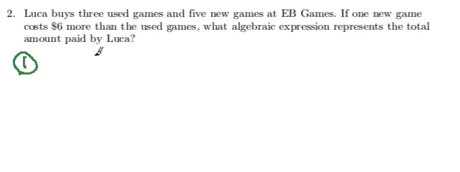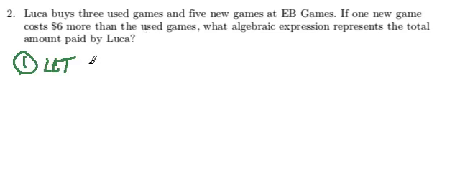I think it's going to be easier to be adding $6 to some price than taking it away. So I'm going to choose to make my let statement about used games. It could be about new games, and that would be correct, but this just feels a little bit easier. Okay, so if a used game, I need a variable here. I could say let X be the cost of a used game, but then I might confuse the X for new games.